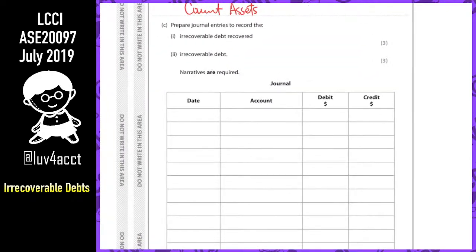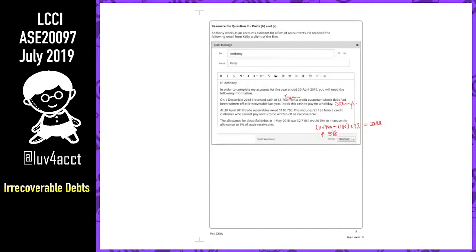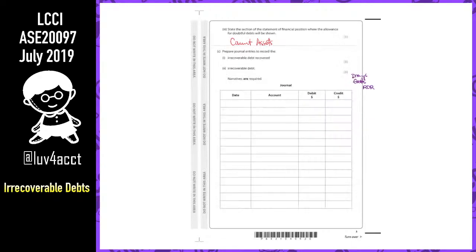If you have irrecoverable debt recovered, you will do two things: debit cash and then credit irrecoverable debt recovered account. But this time you use the cash for your own holiday, so it will be drawings instead. So here, what's the date? Let us check. It is the 1st of December, year 2018.